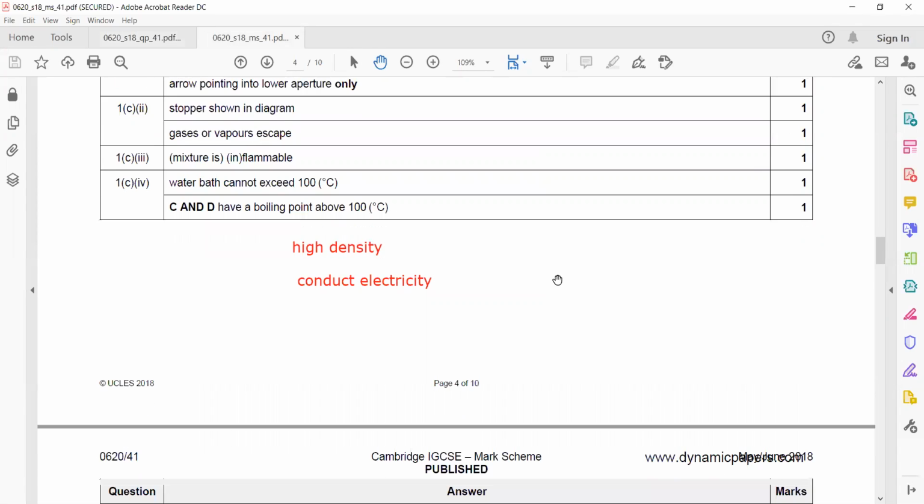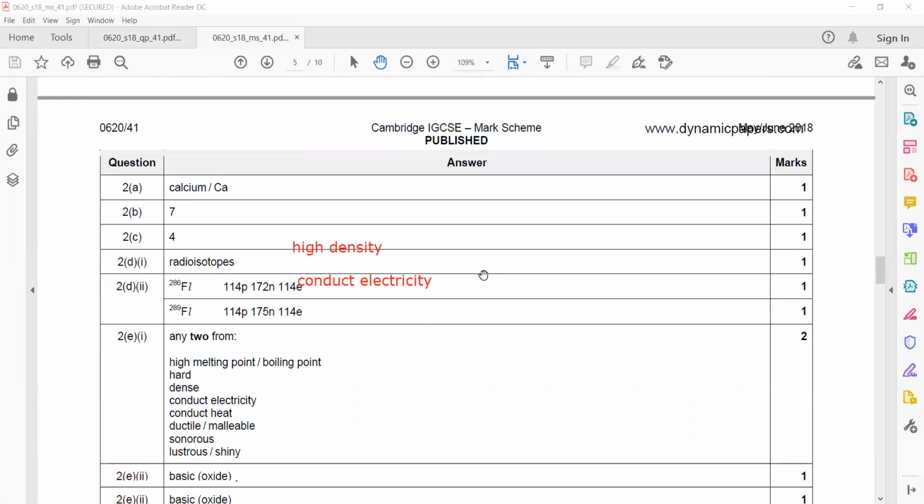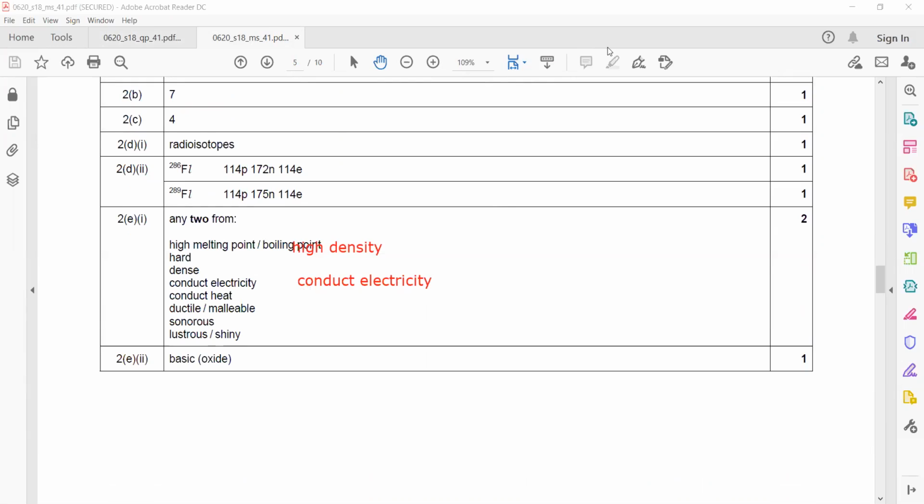The properties which you can write, I will show the marking scheme as well. These are the physical properties. They have a high melting or boiling point, that's one thing. You can mention hard, dense, conduct electricity, conduct heat, malleable or ductile, sonorous, shiny or lustrous.